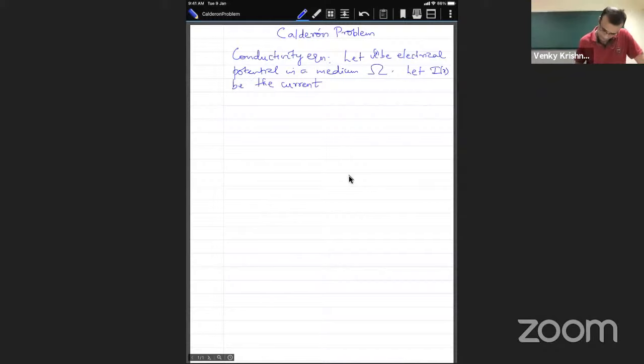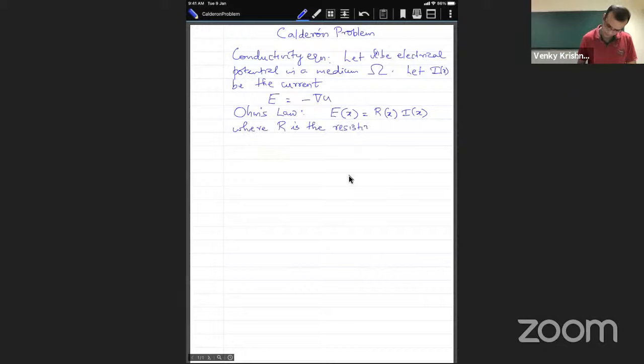Now the electric field E can be written as minus grad U, and Ohm's law says that the current is directly proportional to the electric field. So we have E of x equal to R of x times I of x, where R is the resistivity of the medium.